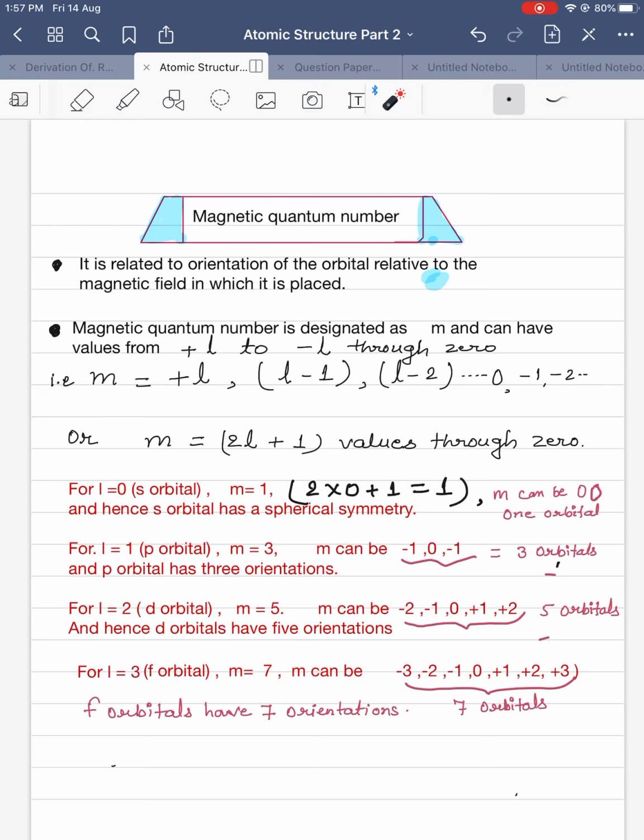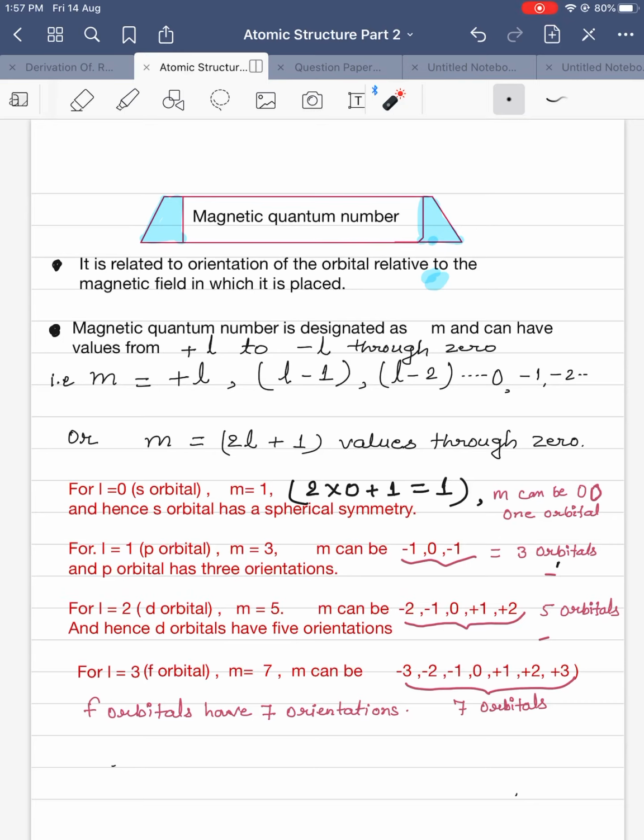For example, suppose L is equal to 0, it means it comes under the s orbital and the value of m is equal to 0. There is only one orbital, and hence the s orbital has spherical symmetry.